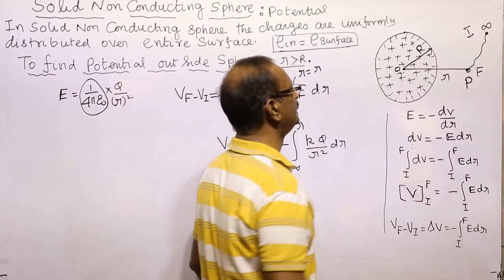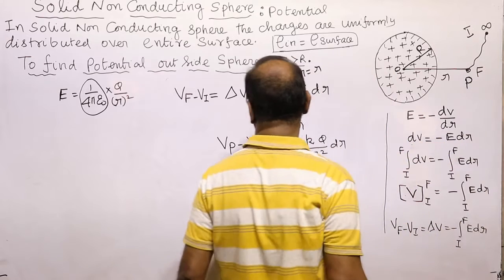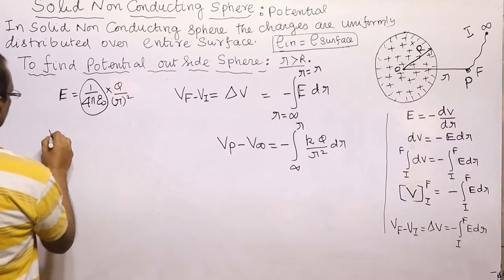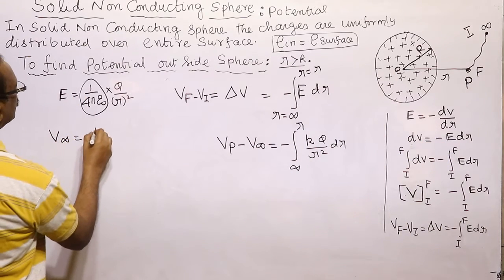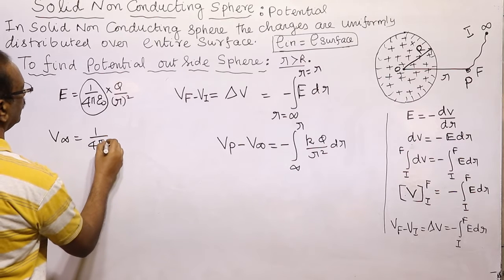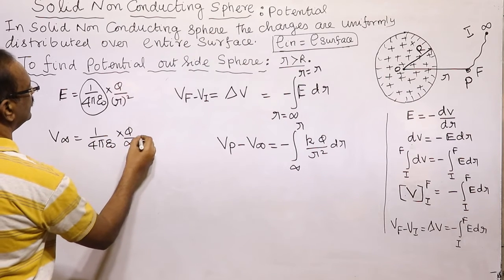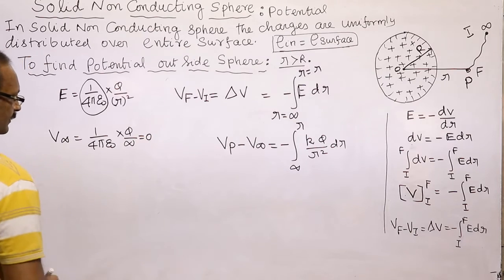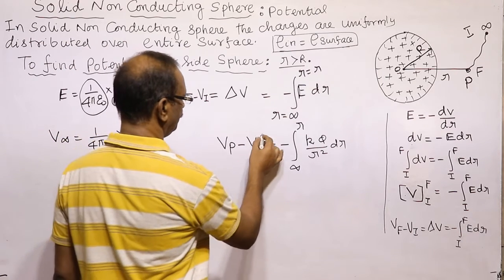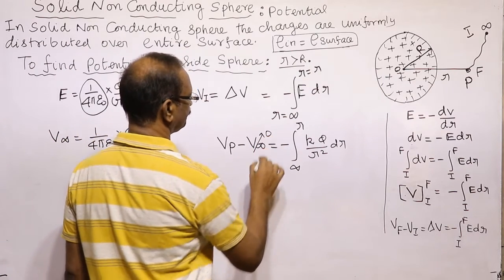The potential at infinity is 1 by 4 pi epsilon naught into charge divided by the distance infinity, which is equal to 0.